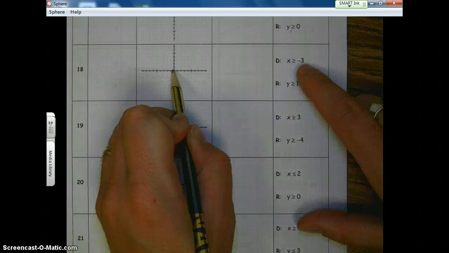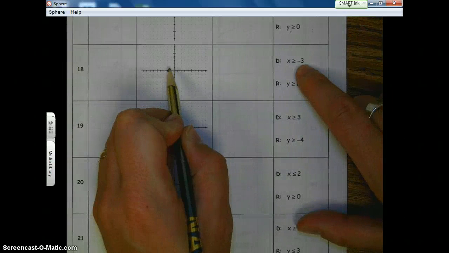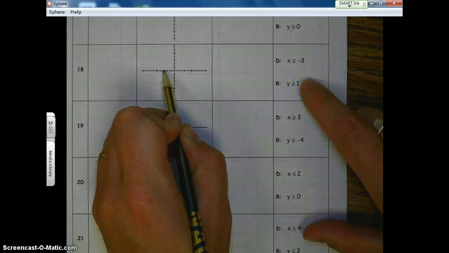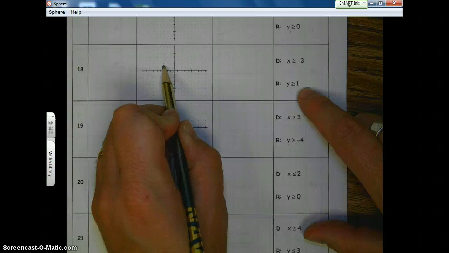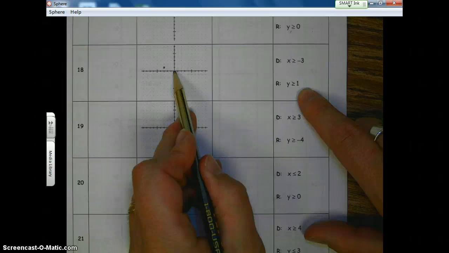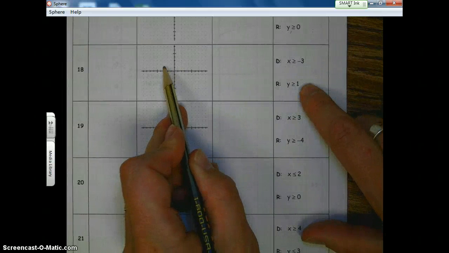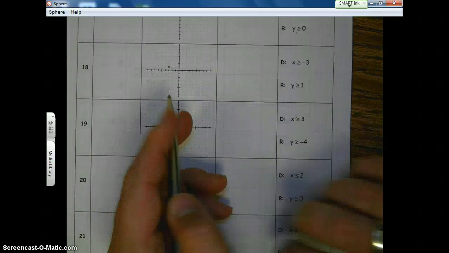Okay, now it's going to be at -3. So 1, 2, 3. And it's going to be at 1. So it's going to be right here. -3 on the x, 1 on the y. Okay?